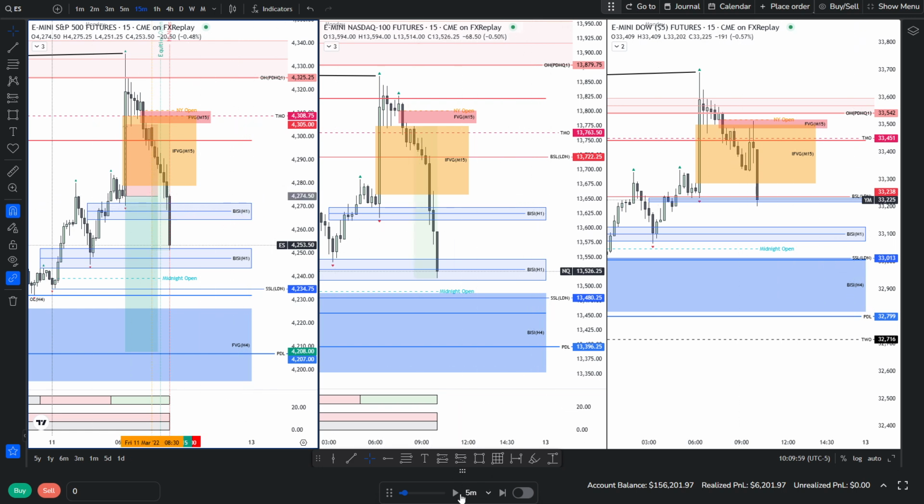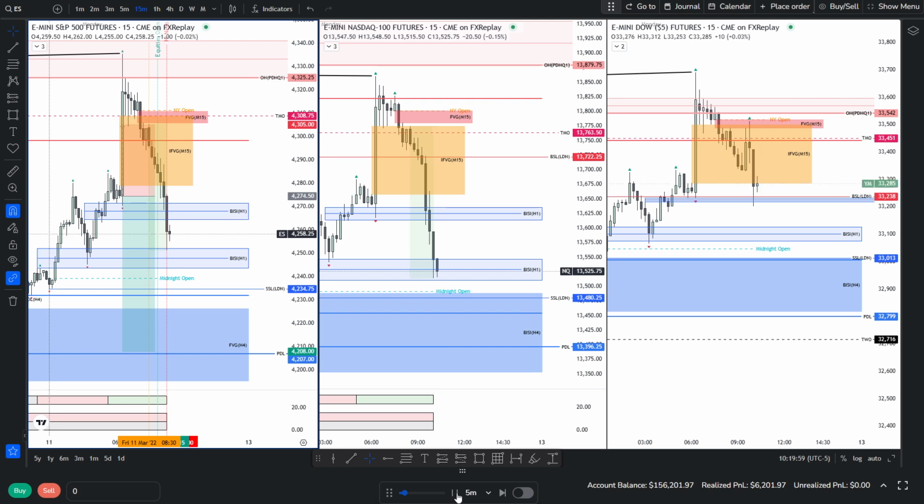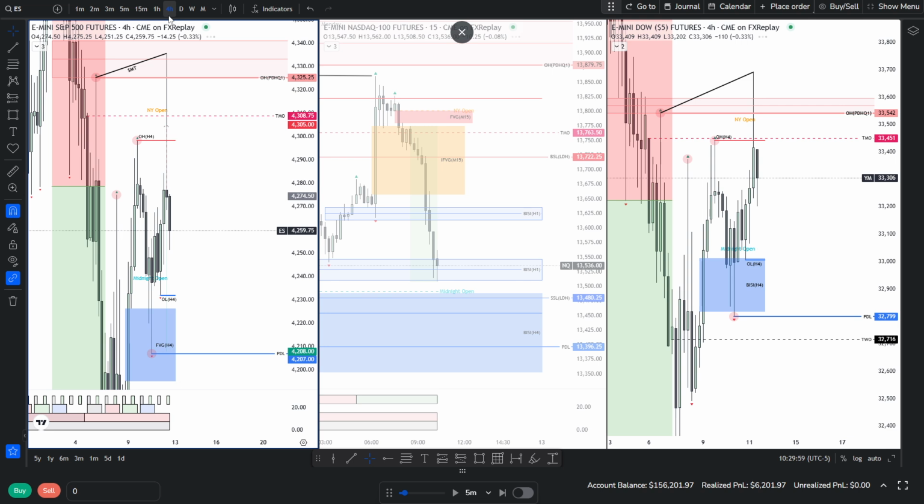I'm going to want to see another candle. So it's traded, let's just have a look at the H4.